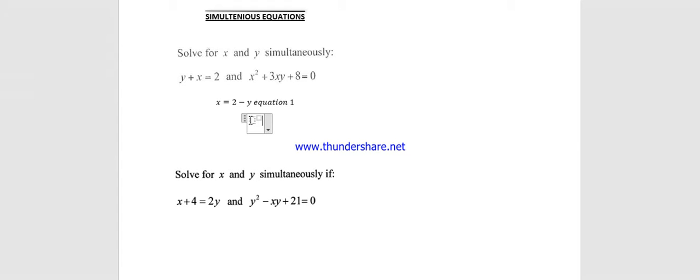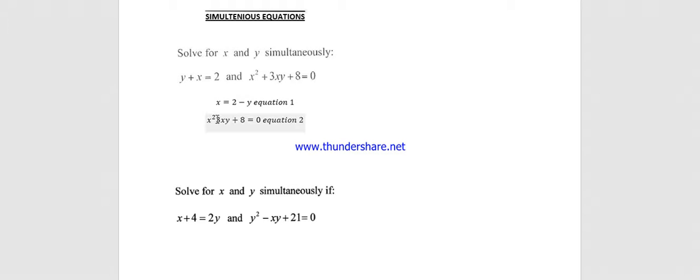Now let me go and write the second equation. Why am I having two equations? Because I will tell the examiner that I am substituting into another equation. Remember, this is the substitution method. So this one is x squared plus 3xy plus 8 equals 0.